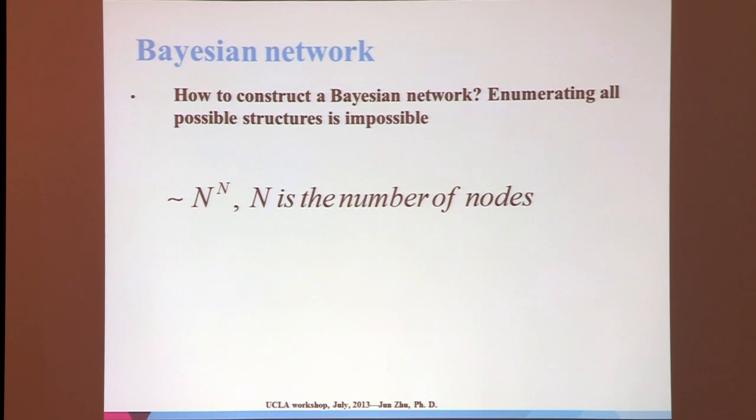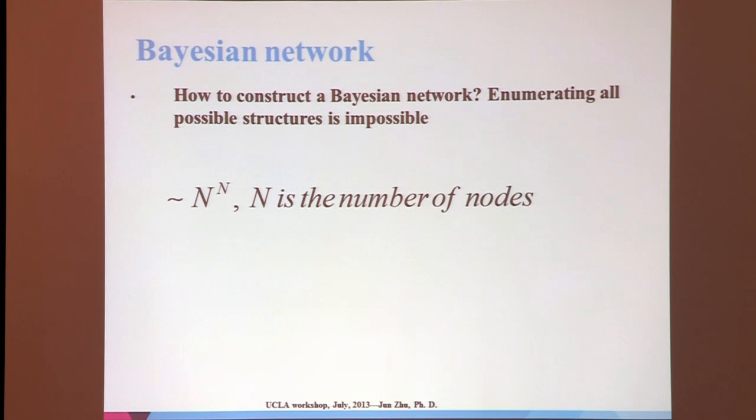But in reality, when the number of nodes is high, you cannot consider all these possible structures. If I enumerate, it grows super exponentially. By the time you get to 6 nodes, you've probably lost track of the enumeration.